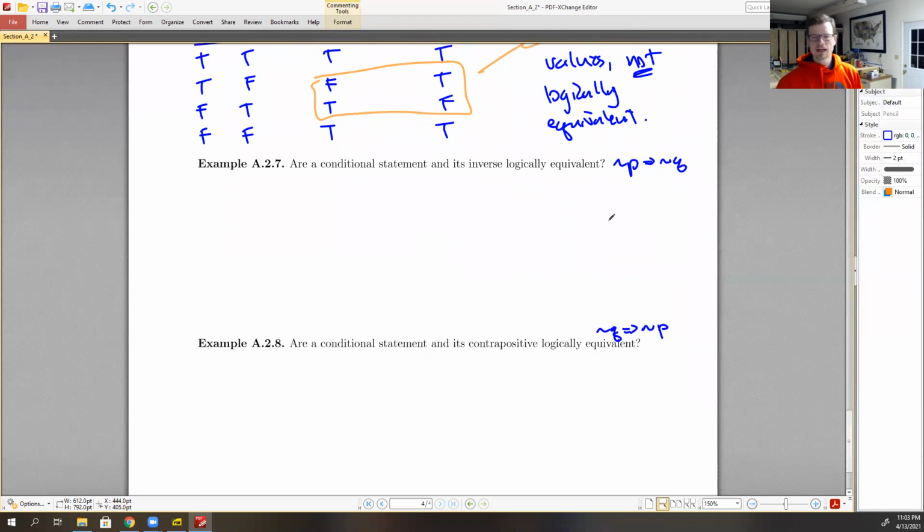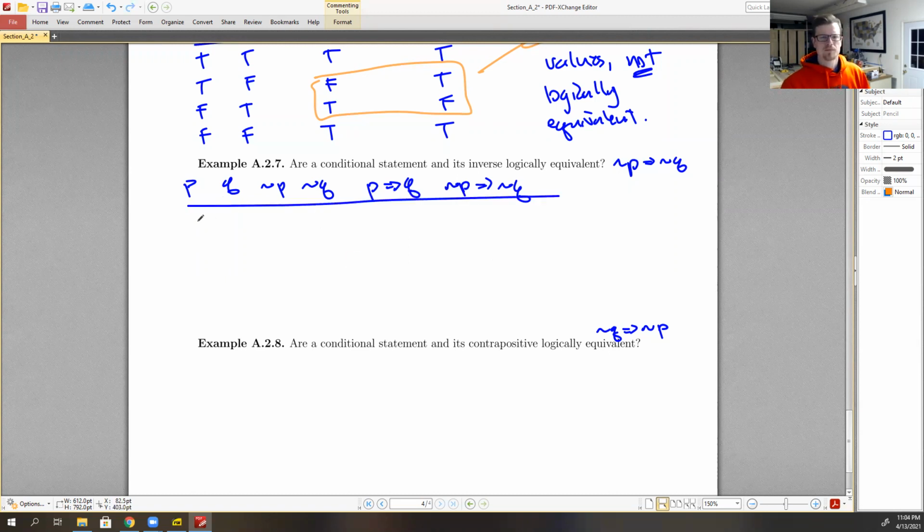Let's check that. Again, we're looking at not P implies not Q, the inverse of P implies Q. And we have component statements, P and Q. We're going to have to find not P and not Q. And then, of course, we want to compare P implies Q with not P implies not Q. So true, true, false, false, and true, false, true, false for our component values.